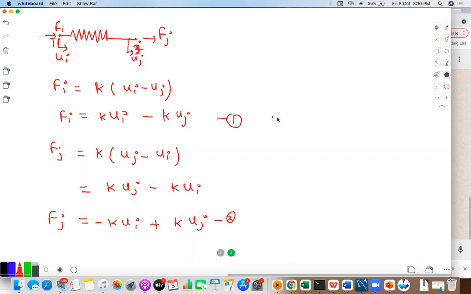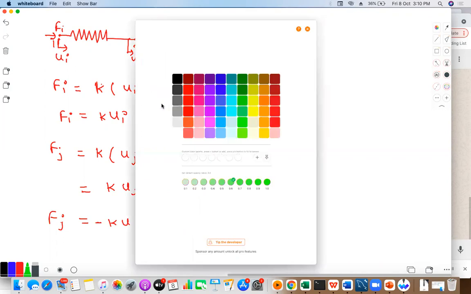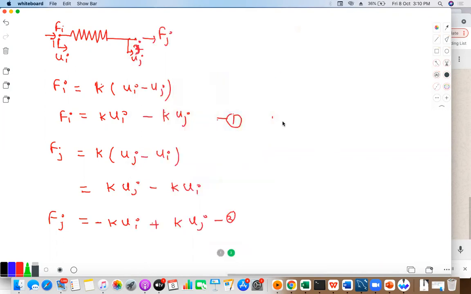Now let me consider an equation something like 3 is equal to 4 into x minus 4 into y, with the same constant 4.